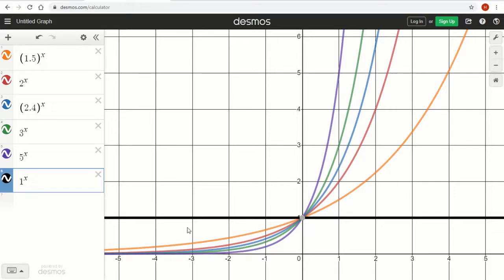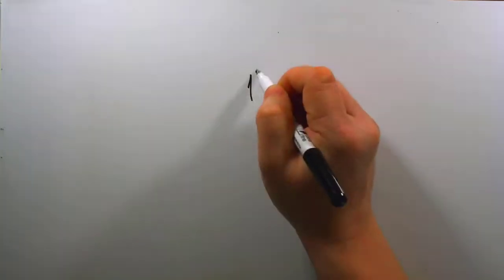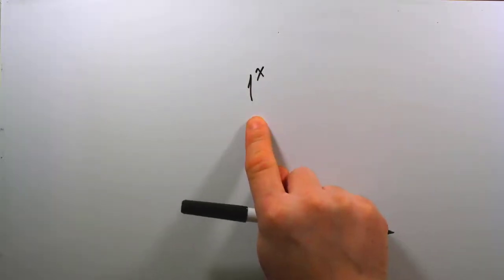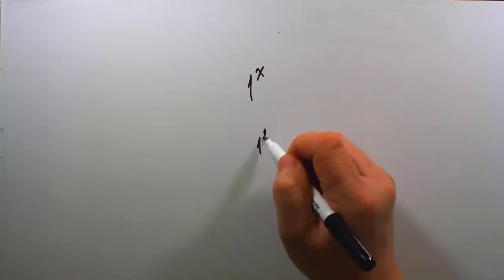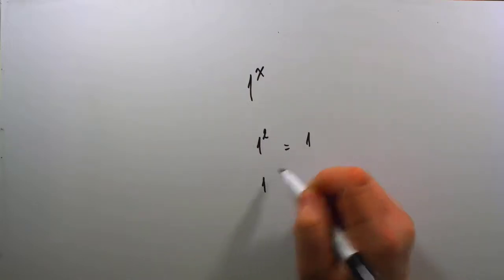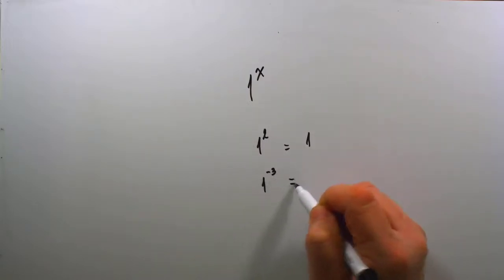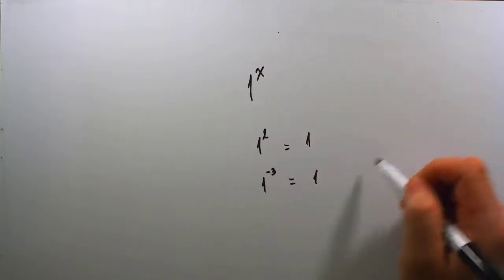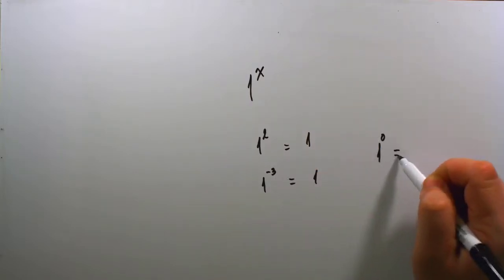So a little bit of an algebraic explanation. The reason that we have a flat graph is simply because when an exponential function has base 1, then 1 raised to the power 2 equals 1. 1 raised to the power negative 3 equals 1. And 1 raised to any power, even to the power 0, is the value 1.